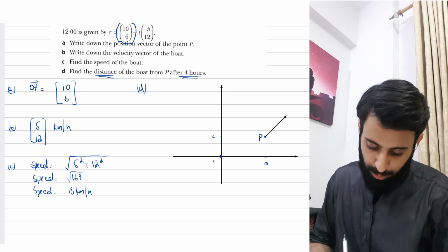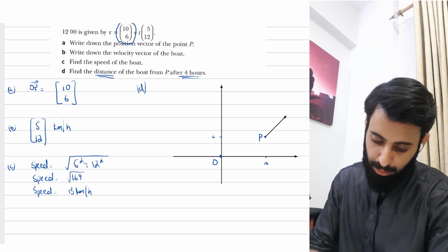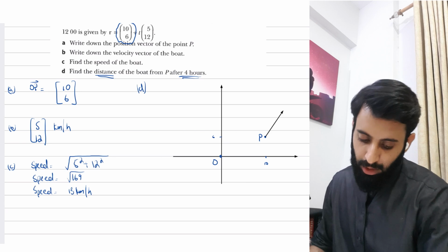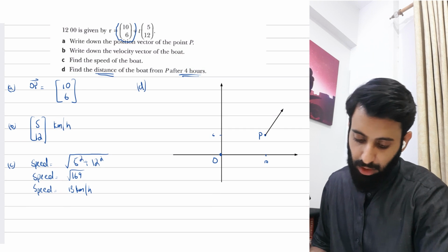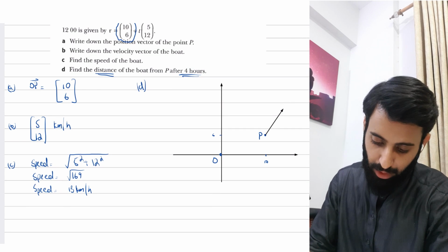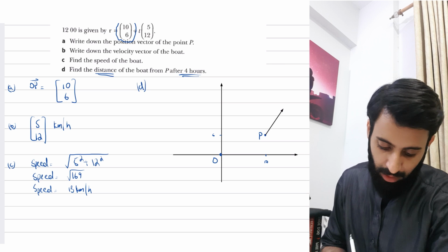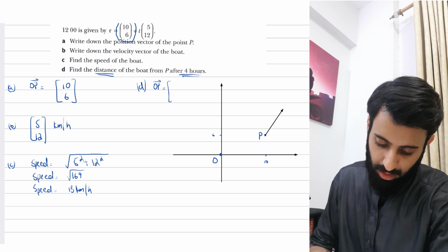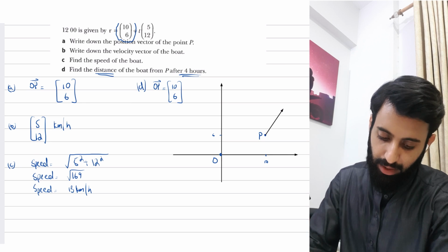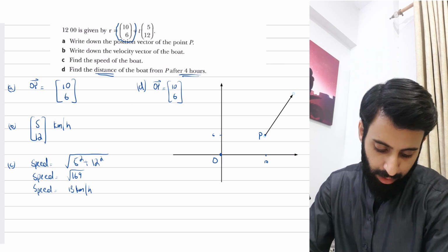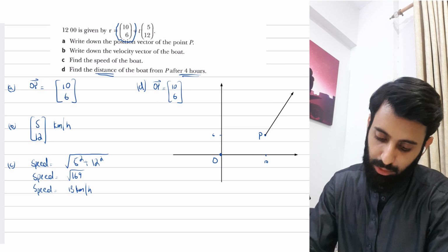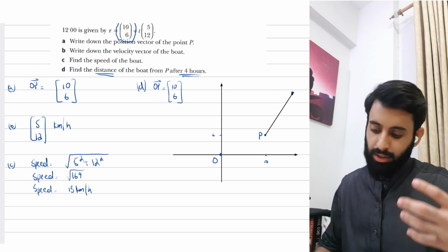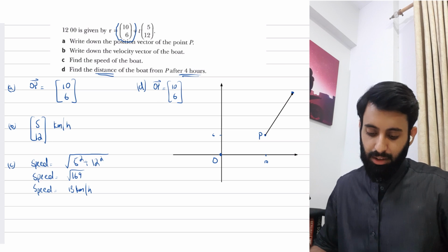Now, this is the point O, and let me just straighten this up a little. What the question basically wants is the distance of the boat from P after 4 hours. Since this object is starting from P, and we know that the vector OP is (10, 6), before I can find out how far this boat will be at t equals 4 hours, I need to know how much this boat has traveled at t equals 4.